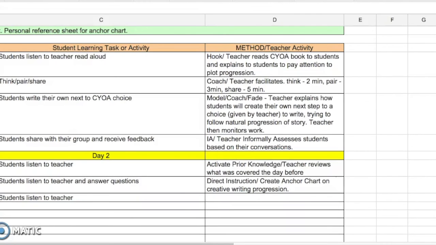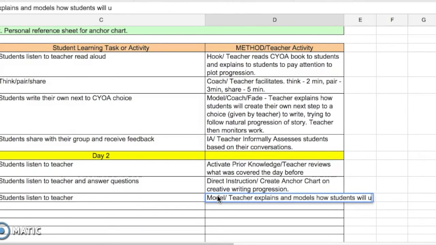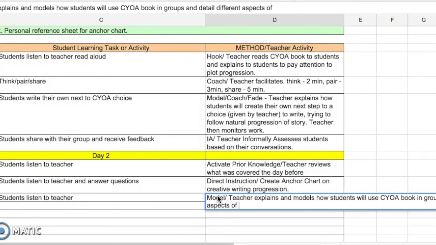And I'll probably take about 4 minutes once the questions are said and done, where teacher explains and models how students will use the CYOA book in groups and detail different aspects of a creative writing piece that they find in their CYOA book.